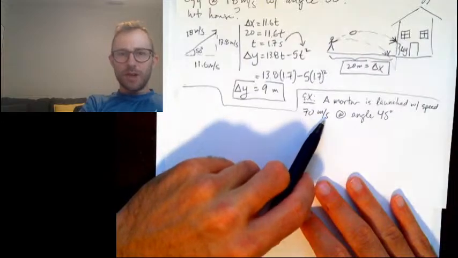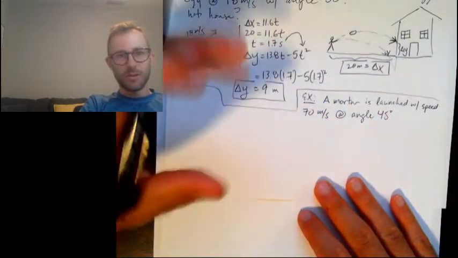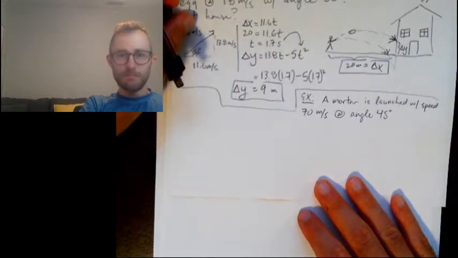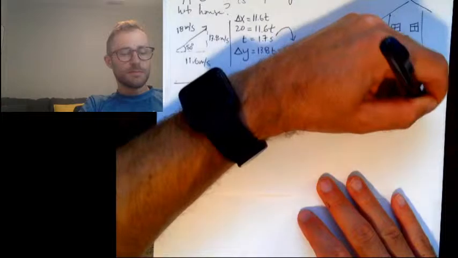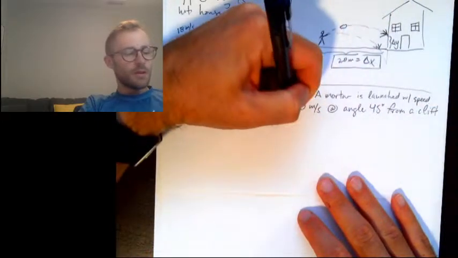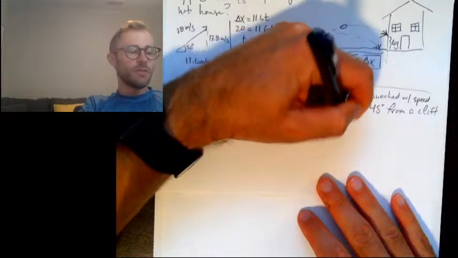Go ahead and type it into the live chat if you know what is special about 45 degrees compared to other angles in terms of trigonometry. From a cliff of height 130 meters.